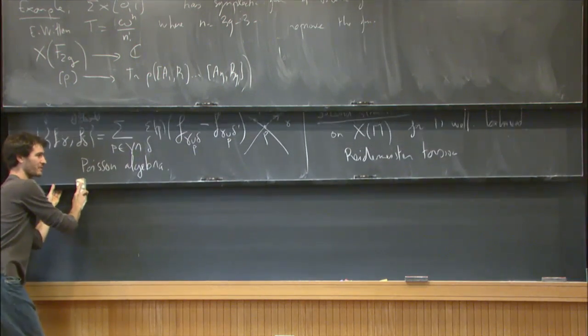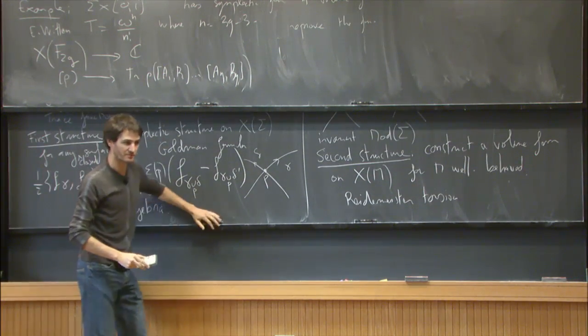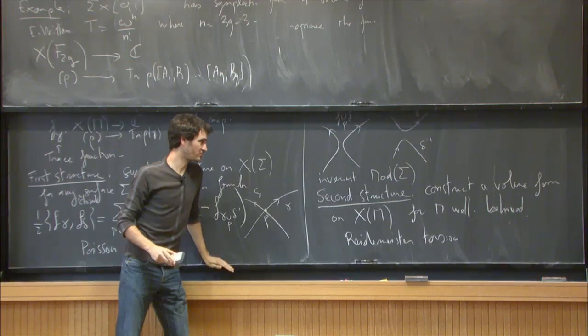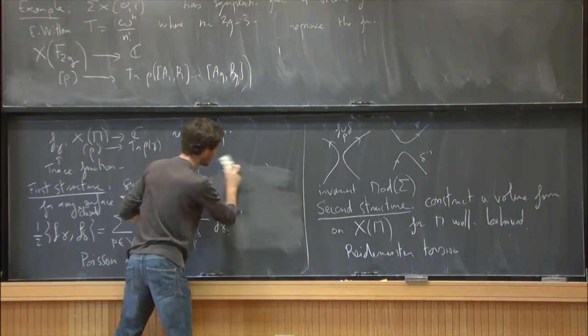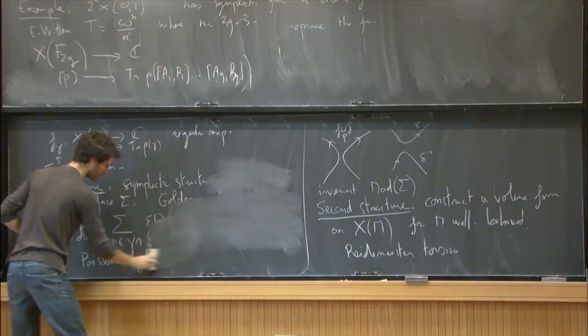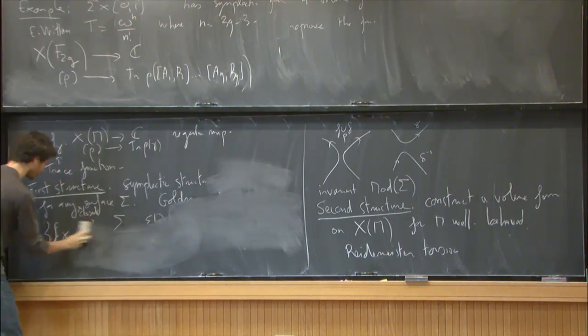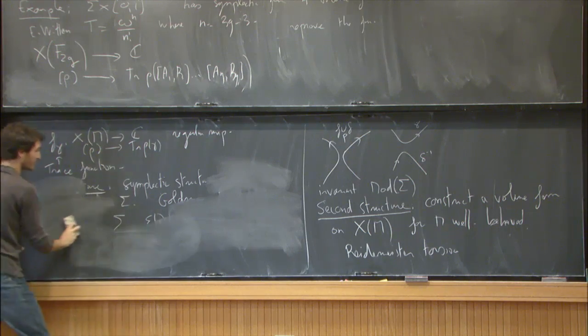So I hope that you have some idea now of Reidemeister torsion. And I would like to present here some object which is very famous to people doing quantum topology. So it's my second part about the derived skein module.